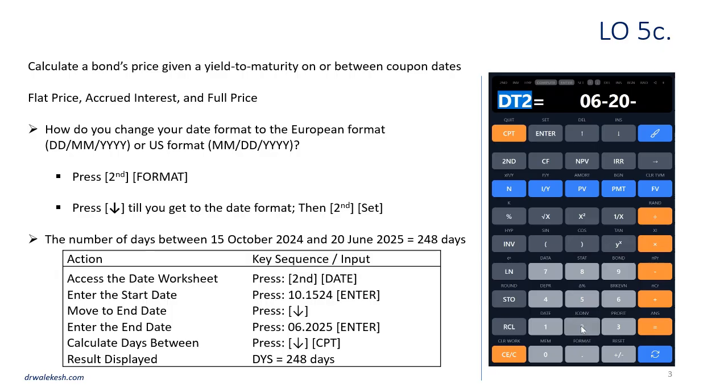So I will have to press 25, then enter. Then I will press the arrow pointing down. So to compute the number of days between 15th of October 2024 and 20th June 2025, I will press compute. Yes, I have it.